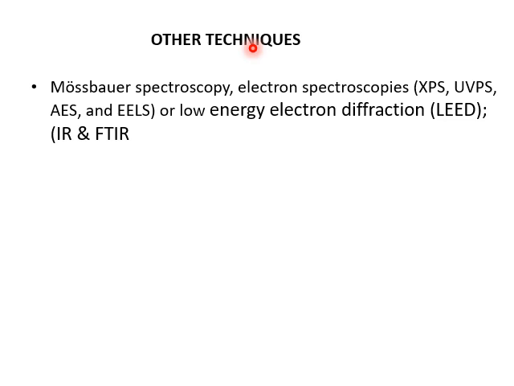We have studied the XRD technique for characterization of solids, the neutron diffraction technique, the electron microscopy technique, thermal analysis techniques, the X-ray absorption technique, and this TPR technique, and there are a lot of other techniques used for characterization of solid materials: atomic spectroscopy, electron spectroscopies such as XPS, UPS, AES, EELS, and low energy electron diffraction, infrared spectroscopy, Fourier transform infrared spectroscopy, and a lot of other techniques.